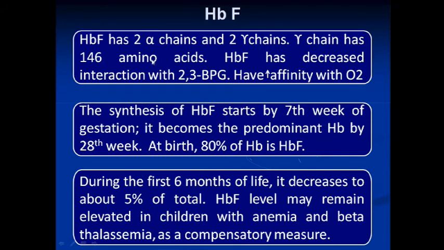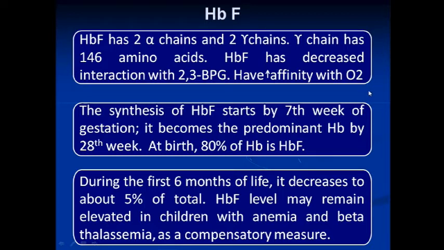Now HbF has 2 alpha chains and 2 gamma chains. Gamma chains have 46 amino acids and lack binding of 2,3 bisphosphoglycerate. Due to this, when 2,3 bisphosphoglycerate decreases in concentration, oxygen binding capacity will increase on the hemoglobin molecule.